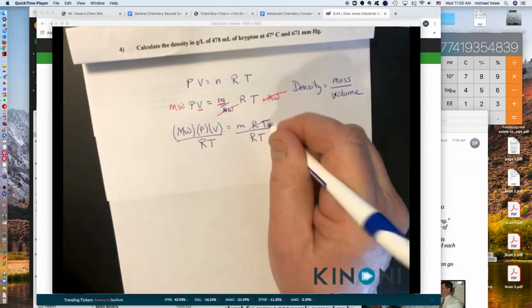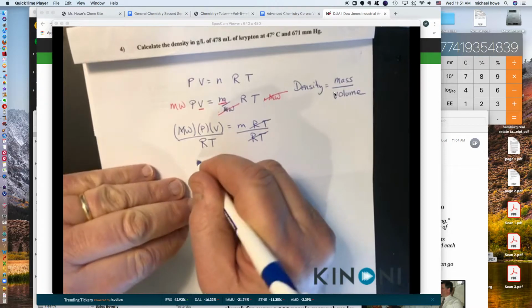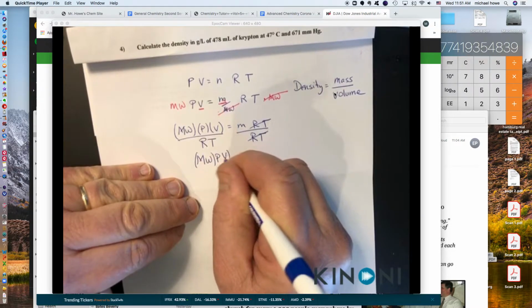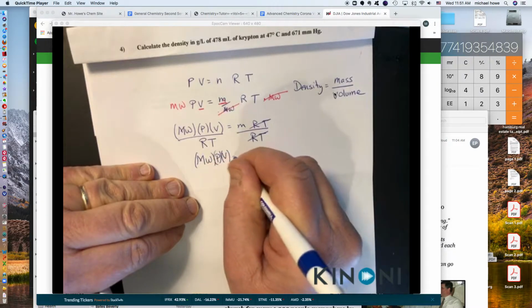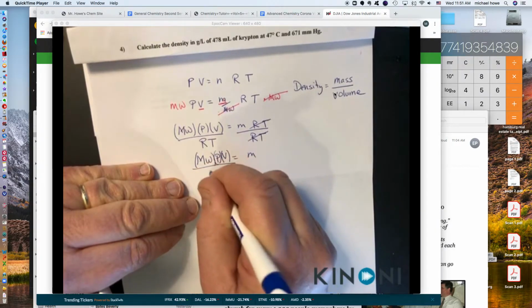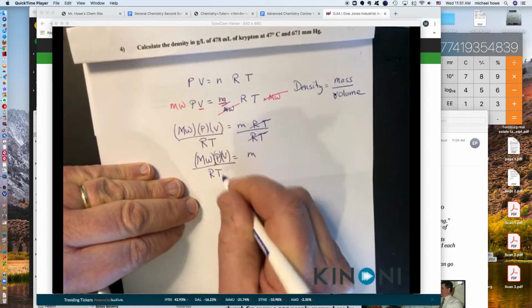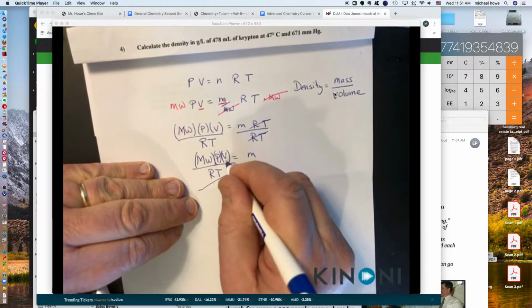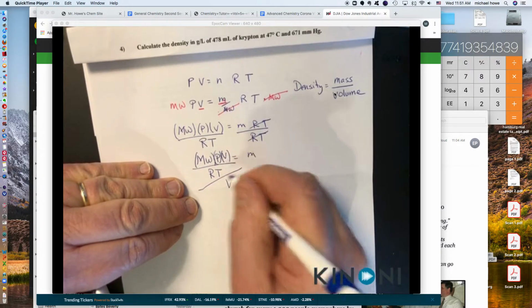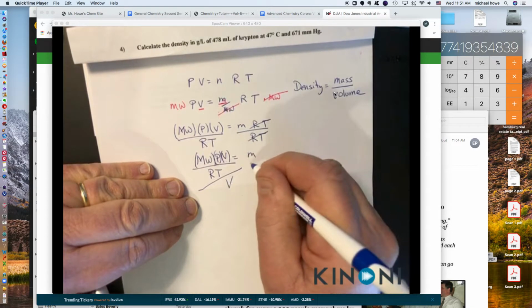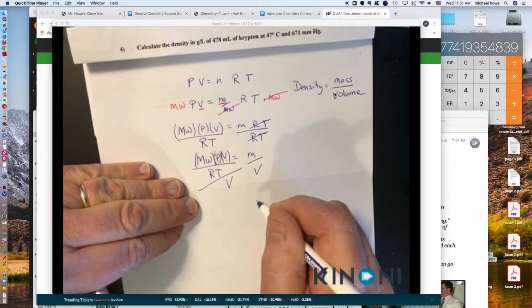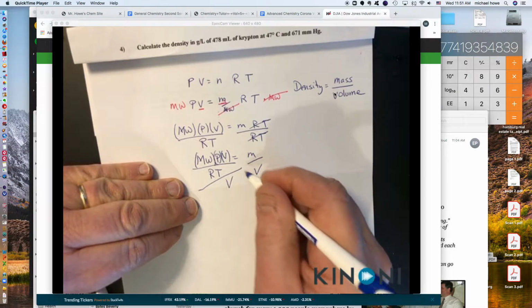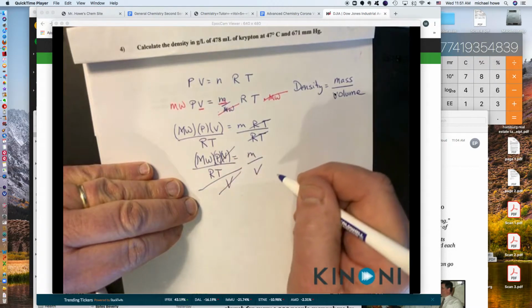So now I have RT canceled, so I have this formula, molecular weight PV equals mass, and then that is divided by RT because it didn't cancel over here. So now I'm going to divide both sides by volume, because if I divide by volume, that clears the volume off of the left side and puts it over here. Remember that you can do the same thing to both sides of the equation, and the equation is still true. So volume cancels.